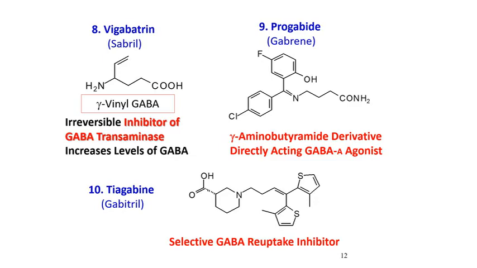Coming to tiagabine, again it is a GABA-related analog. While it needs some analysis in the structure, if we look at this carboxylic group and count with me, please, this is the alpha, beta.